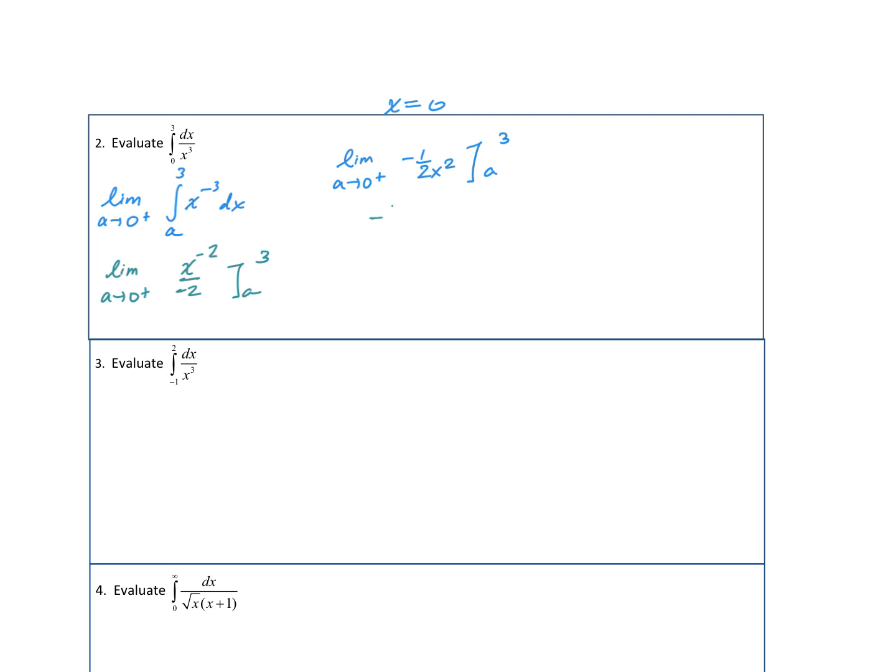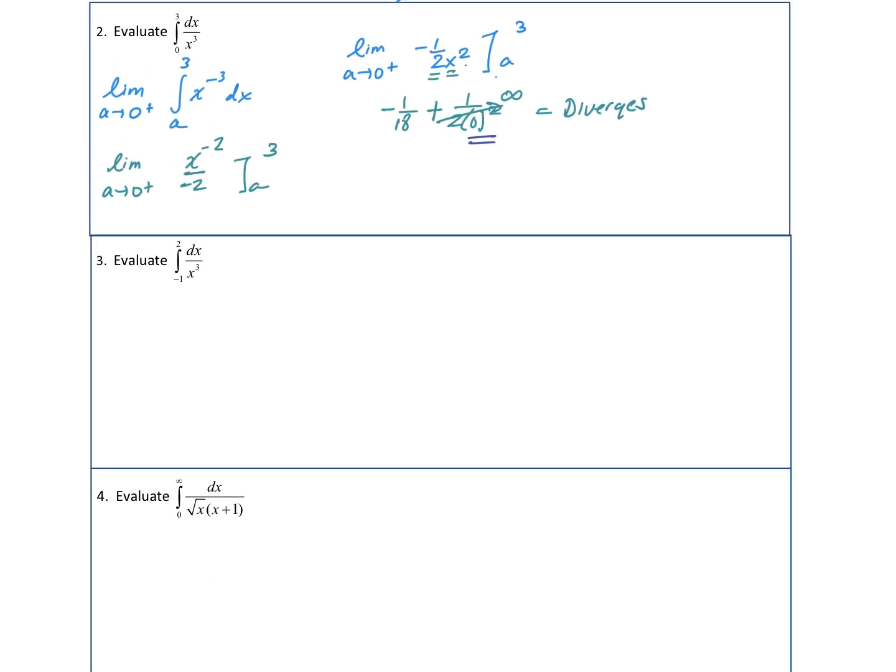So we get negative 1/2 times 9, so negative 1/18, minus, actually becomes plus because you're subtracting a negative, and then we get 1/2a squared, but a is 0, so we get that. So this would go to infinity, so this diverges. Remember, as long as one piece diverges, the whole thing diverges.